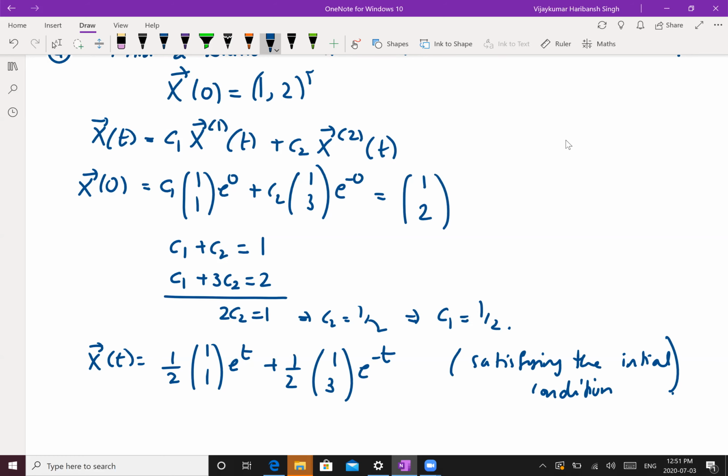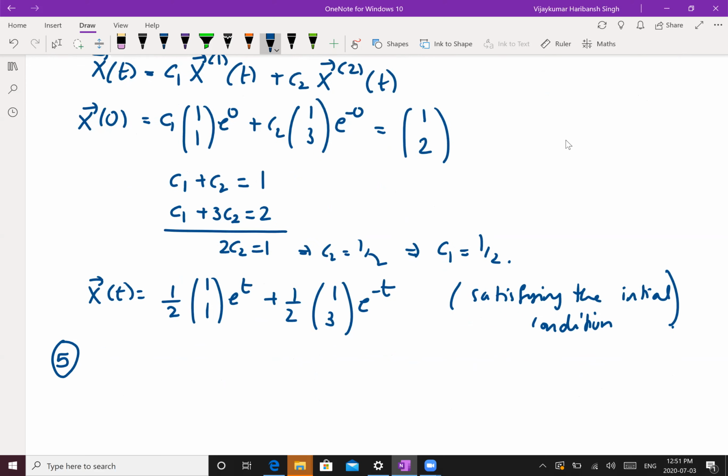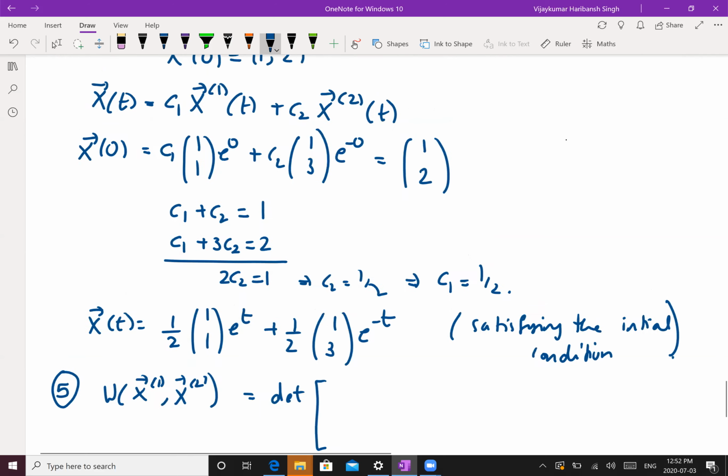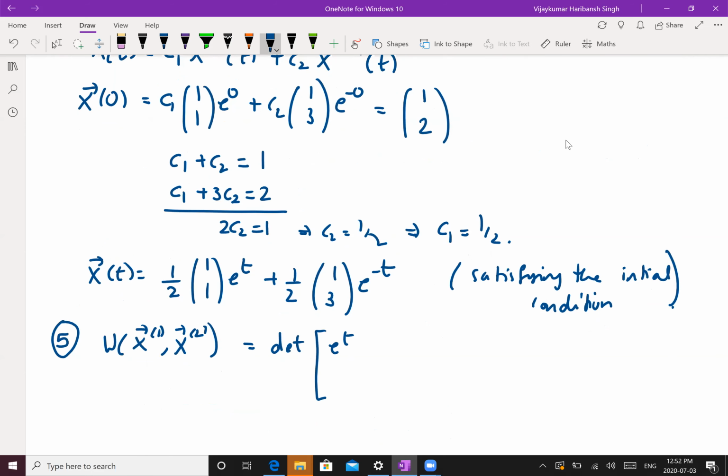Now let's compute the Wronskian. What is the Wronskian of these two solutions? The Wronskian of x1, x2 is going to be the determinant of, where I need to multiply inside, so 1, 1 e to the t becomes e to the t, e to the t.